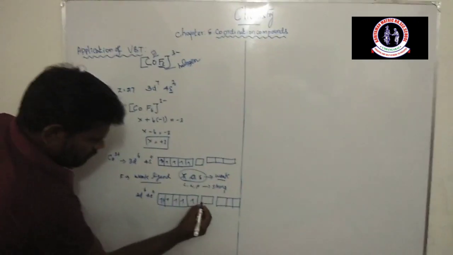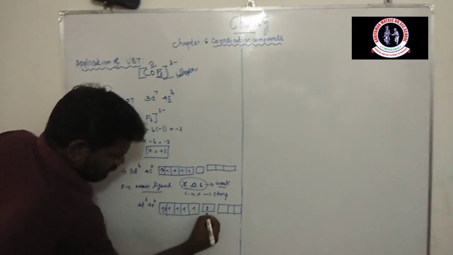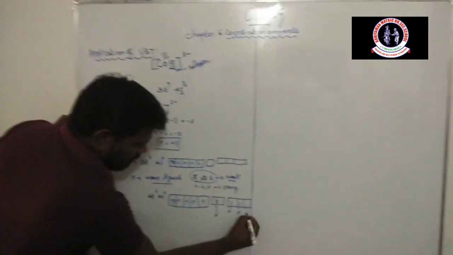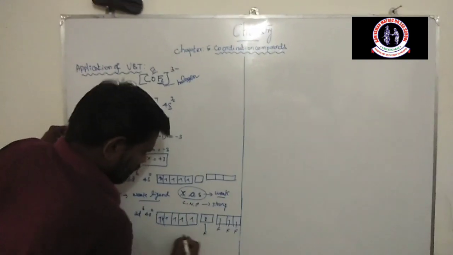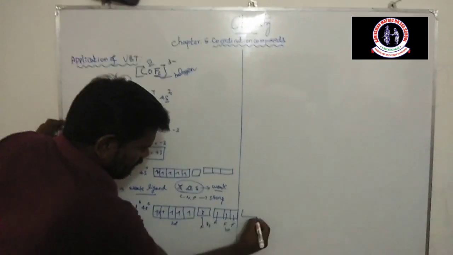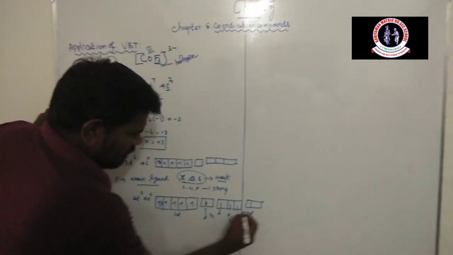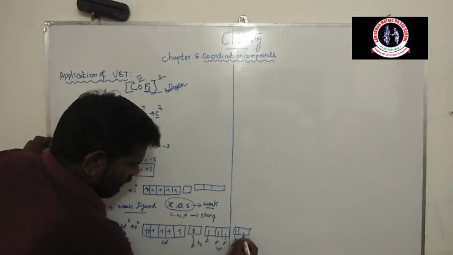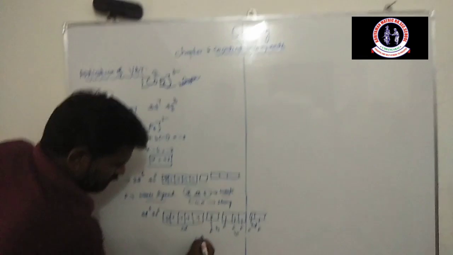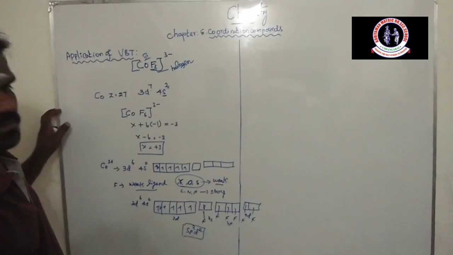So the first one fluoro, second one, third one and fourth one, again using 4s, 4p and 4d, and here only fluoro atoms. So totally sp3d2, that is outer d orbital.